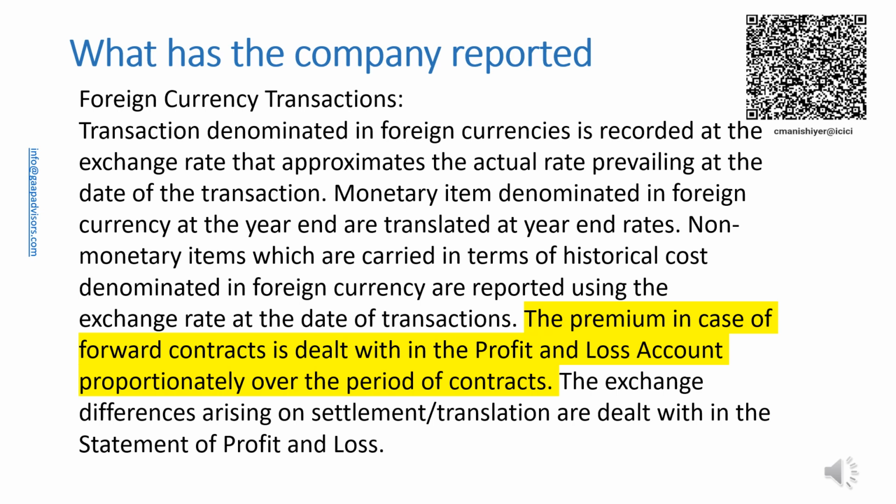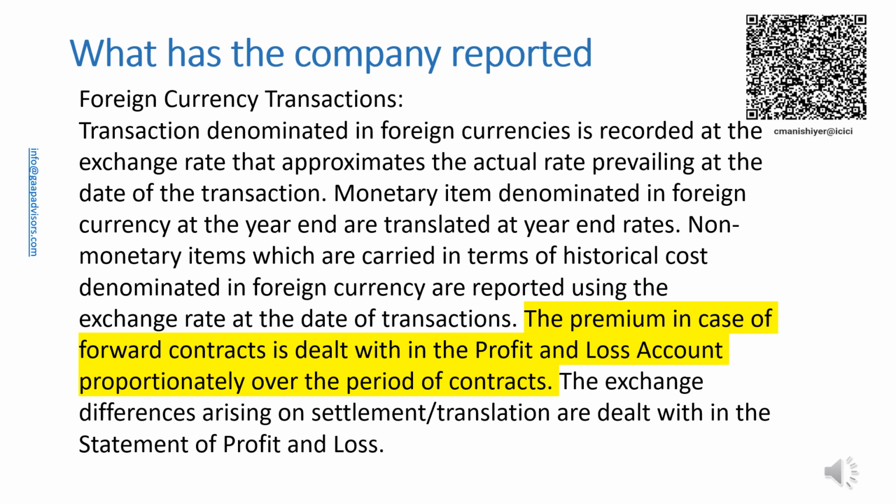In such a case, the forward element, which the company has termed as premium in forward contracts, needs to be identified as either transaction related or time period related based on the guidance given in Appendix B of Ind AS 109.